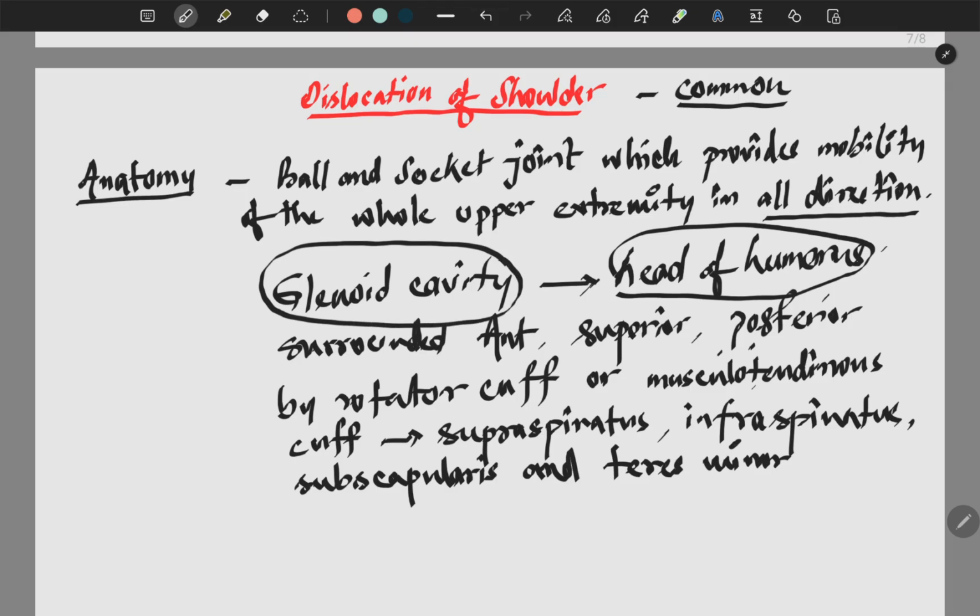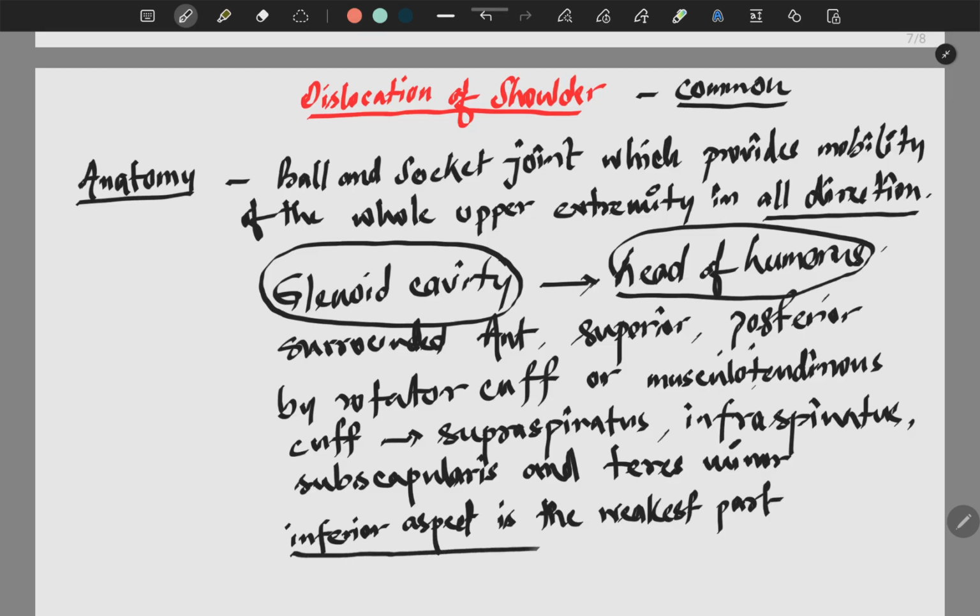The inferior aspect of the capsule, the axillary aspect, is unsupported by any of the muscles, and it is the weakest part of the shoulder joint.